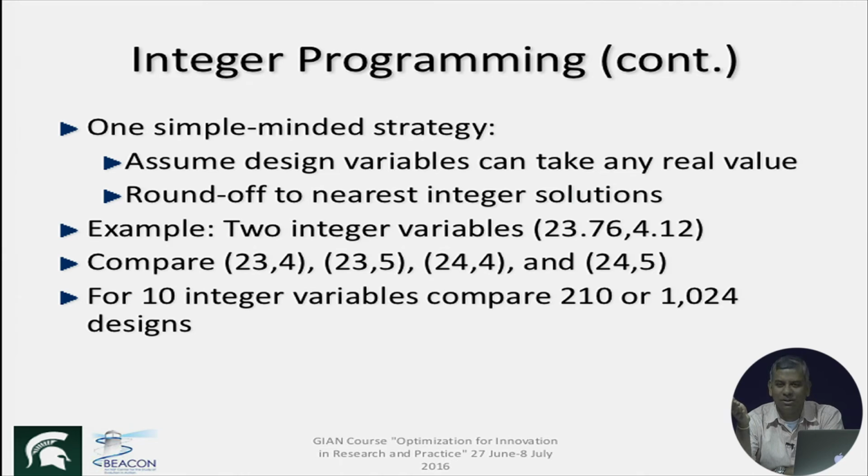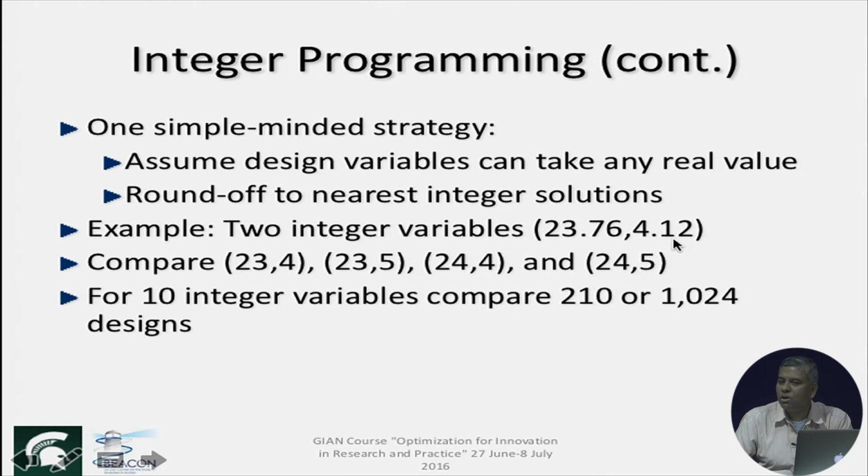So for 23.76, the highest integer value smaller than 23.76 is 23. And ceil is the opposite, the smallest allowable value larger than the number. So that is 24. Basically you take the two side values.